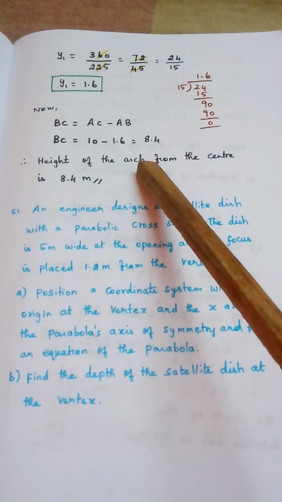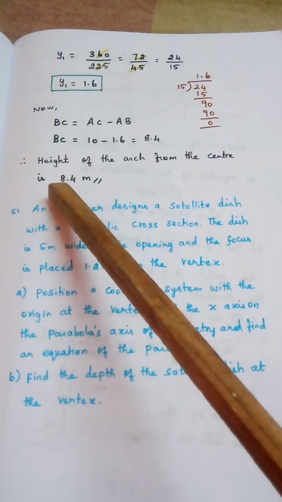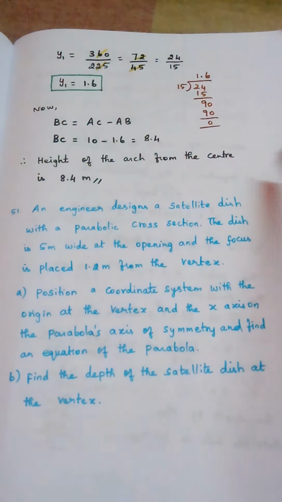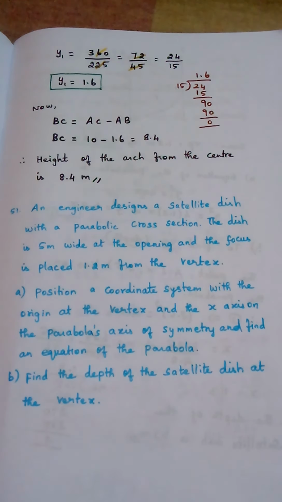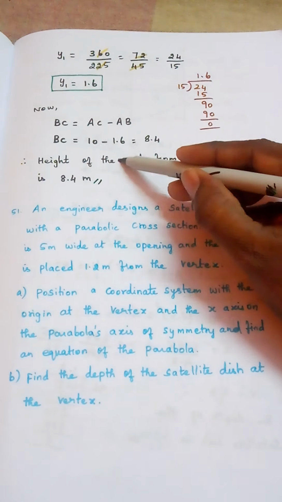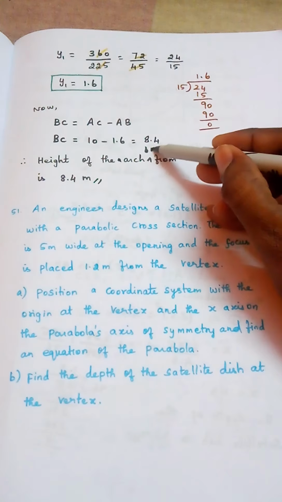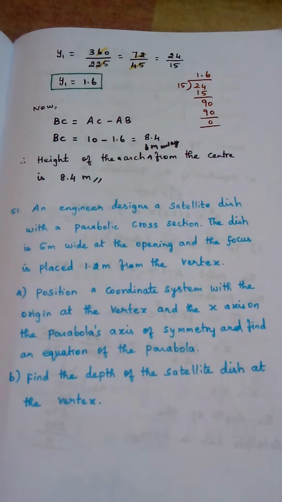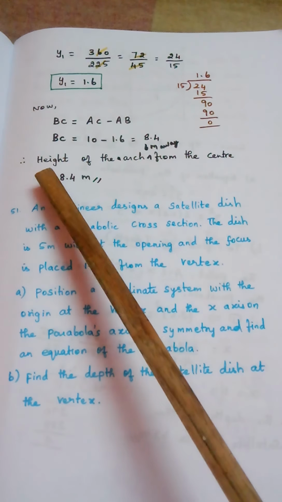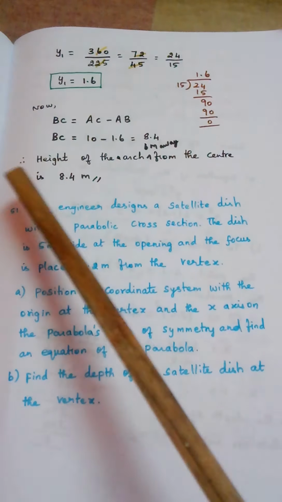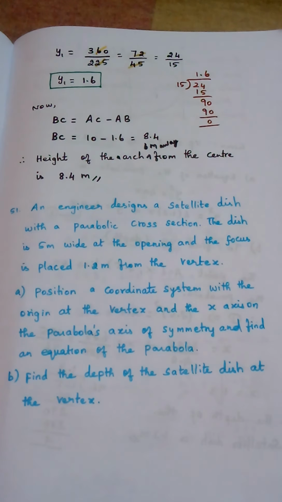So the height of the arch 6 meter away from the center, right? Again I repeat, the height of the arch 6 meter away from the center is 8.4 meter.